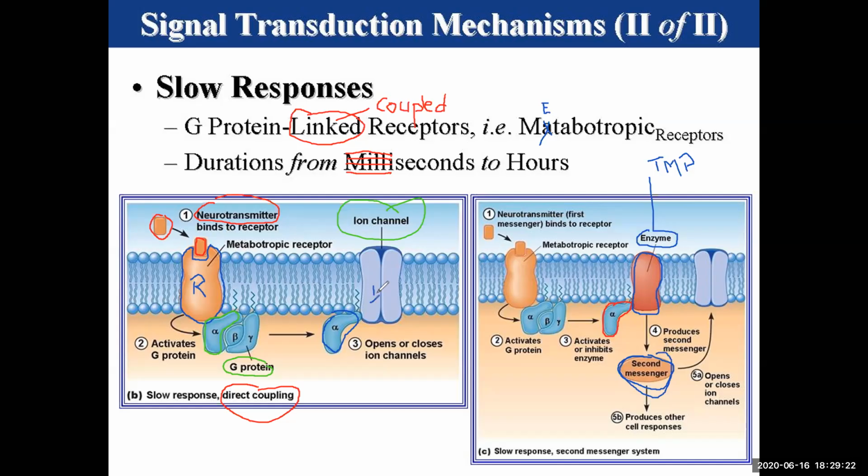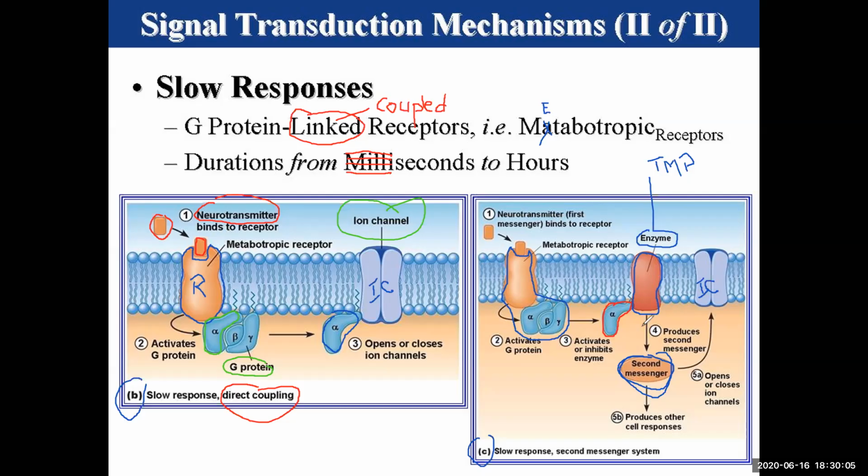So IC stands for ion channel, right? Both cases, B and C, involve the G protein coupled receptor. So the receptor and the G protein, both cases. Upon binding, in this case, panel B, the alpha subunit directly activates an ion channel. Panel C, the alpha subunit indirectly activates an ion channel because the alpha subunit activates an enzyme.